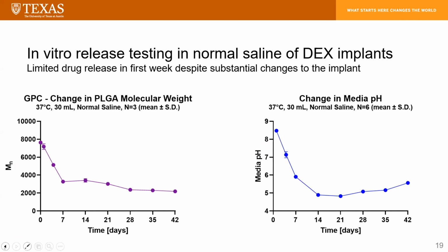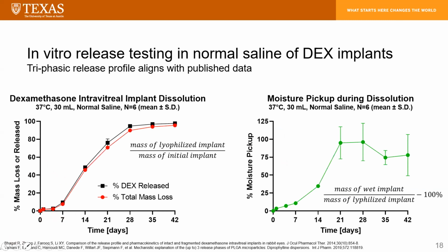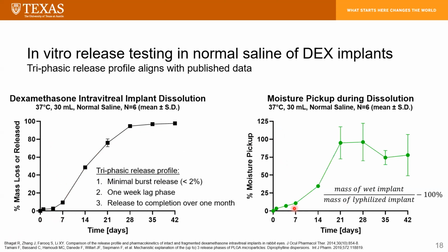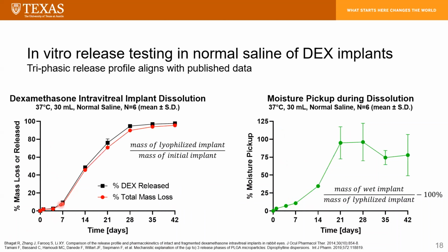So even though there's no drug release, water is already penetrating and PLGA starts to degrade. And most release happened in the following 3 weeks. And then there's actually very good correlation between the weight loss and drug release.